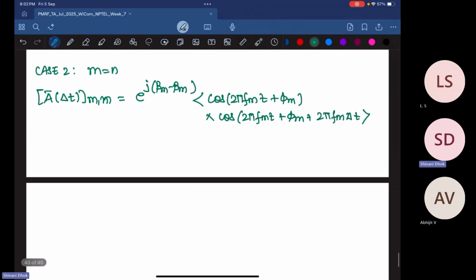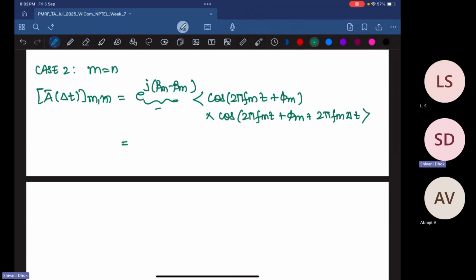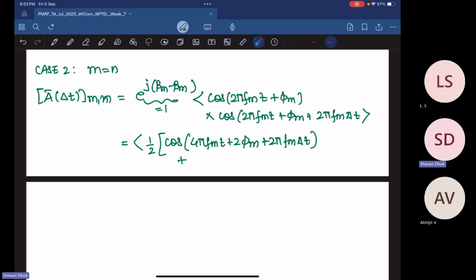Now we can apply the cos A cos B formula. That will be half of cos of (4 pi fm t plus 2 phi m plus 2 pi fm delta t), plus cos of A minus B. Since this part is common, if we subtract these two quantities we will be left with only this, so plus cos of 2 pi fm delta t.